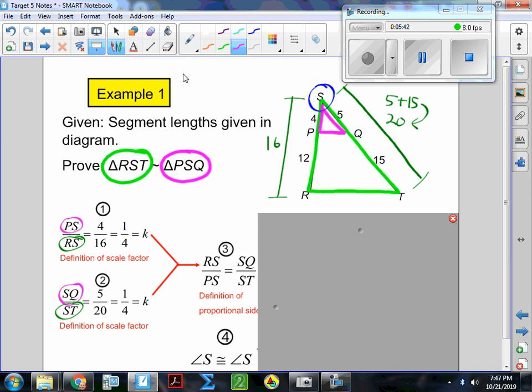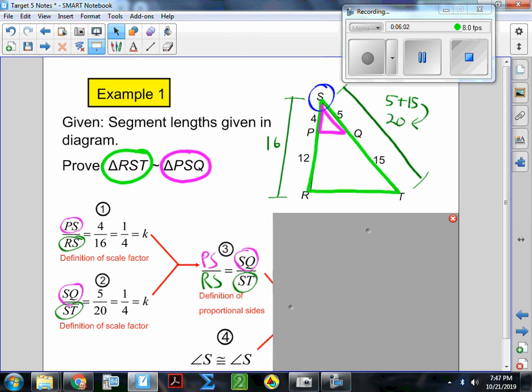So let's just change that. Sometimes that happens. Since SQ is the one on top, I'm going to be looking for PS on top. Since ST is the green big one on the bottom, I'm going to be looking for RS. So PS over RS equals SQ over ST. We call that definition of proportional sides.